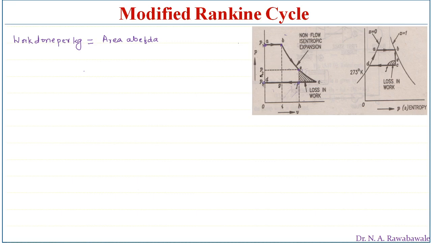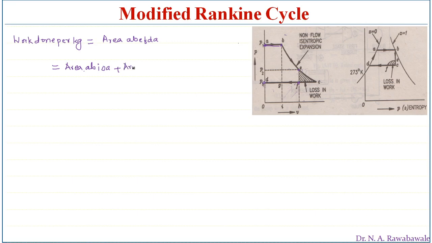This area gives us the work done. This area is also written as area ABIOA, the area below the line AB, so the complete area ABIOA, plus the area below the curve, or work done due to expansion of steam, B to E.